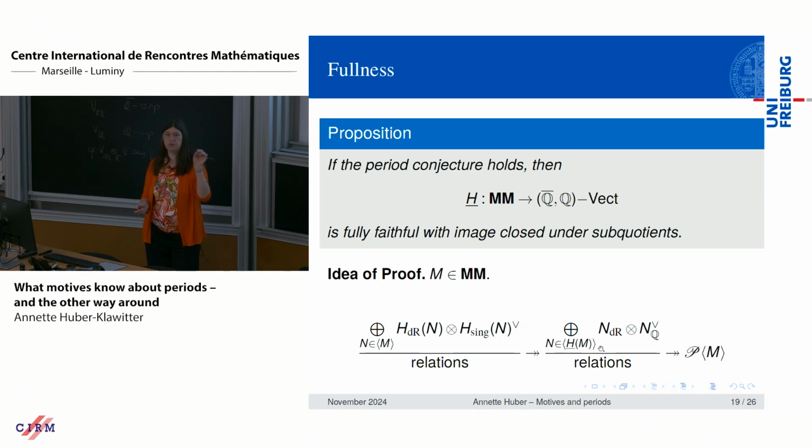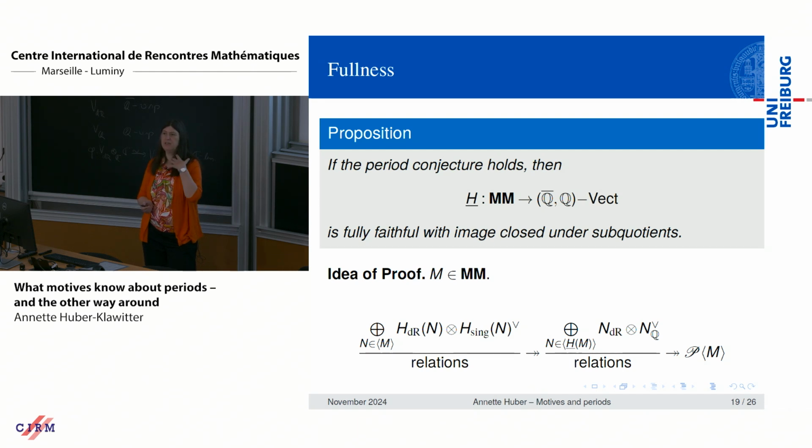So instead of working with a full subcategory of M, I'm working with a full subcategory of these Hodge-de Rham structures, but otherwise do the same thing. Take all sub-objects, all sub-quotients, and then the relations are now induced by morphisms of Hodge-de Rham structures. And that's obviously then surjective too. The period conjecture says that the composition is injective. So if the period conjecture holds, then this map here, the first one, is also injective.